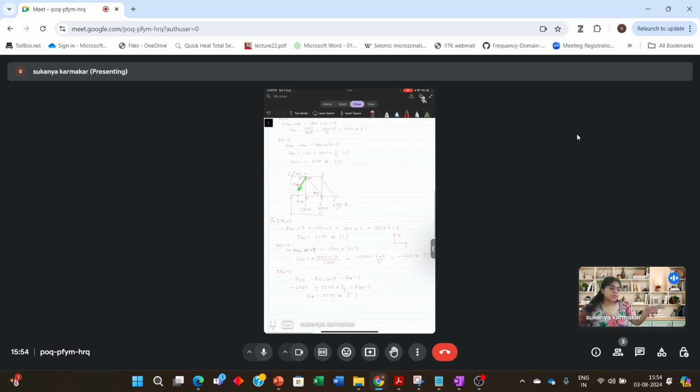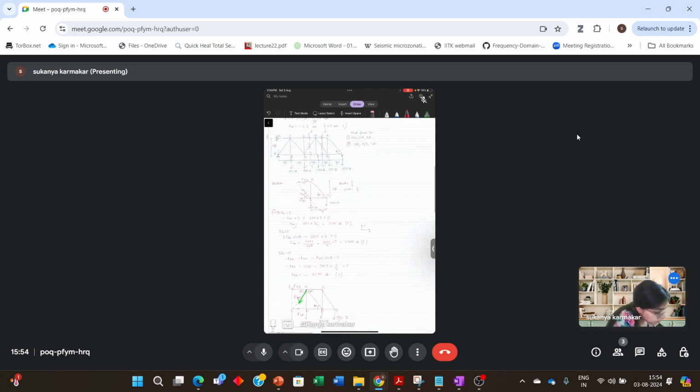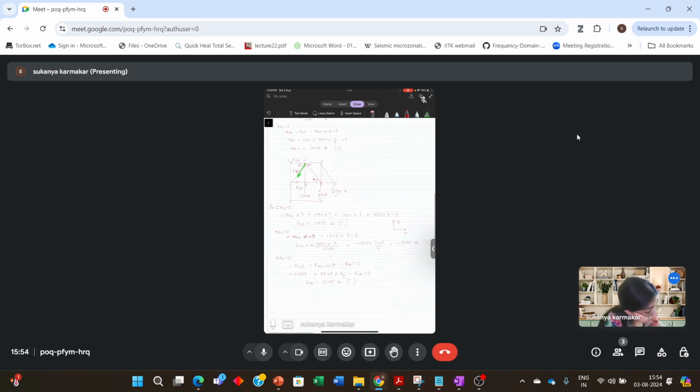You'll have to find out the force in that. So the truss is like this.